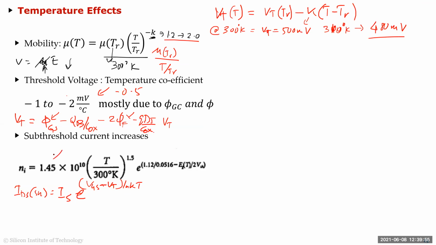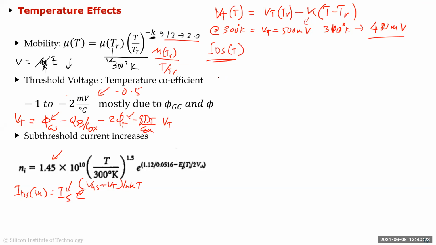So you can see the ni is increasing as the temperature goes up. So that actually increases the IS term in your subthreshold current. So what effect does this have? How does your IDS vary as a function of temperature? I'll just show you, and we'll do this experiment also in SPICE, and it'll be more clear.